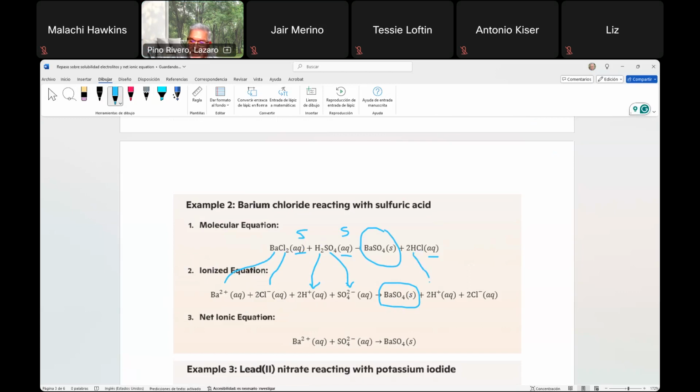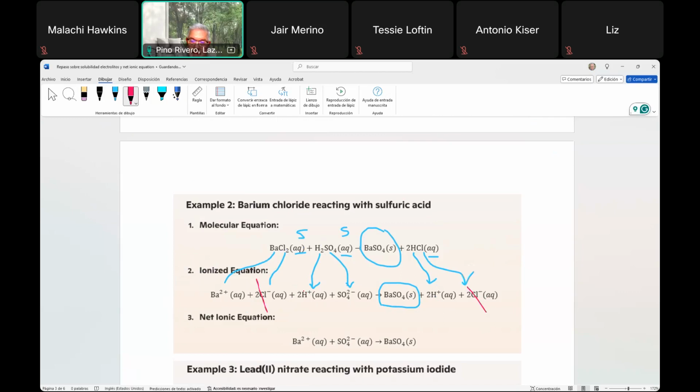But here, yes, the hydrogen proton, and here chloride. Well, now I have to look at the spectators. Barium is a spectator? No, because it's in the solid. Chloride is a spectator? Yes, then I cancel it in both sides.